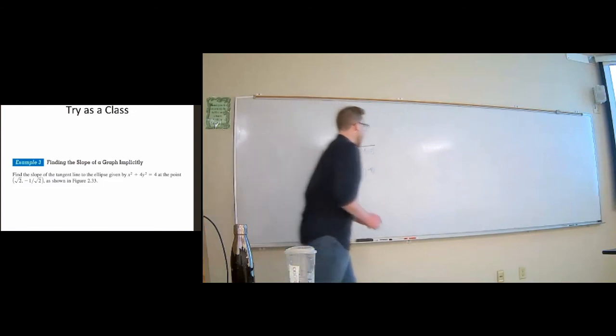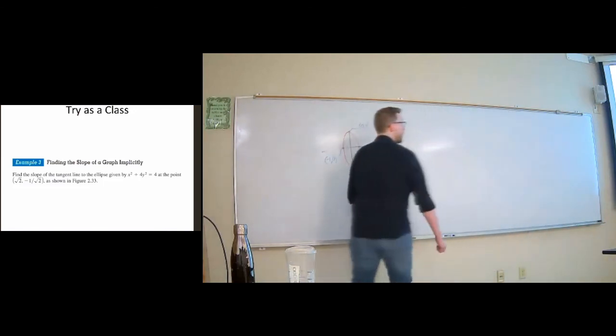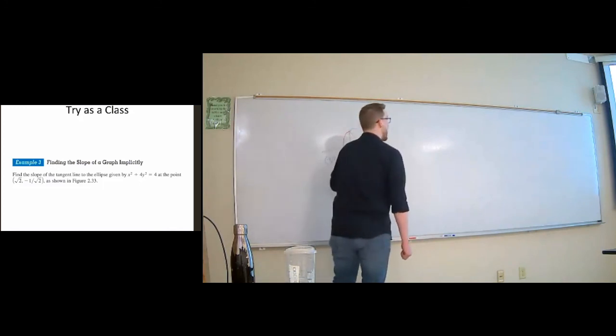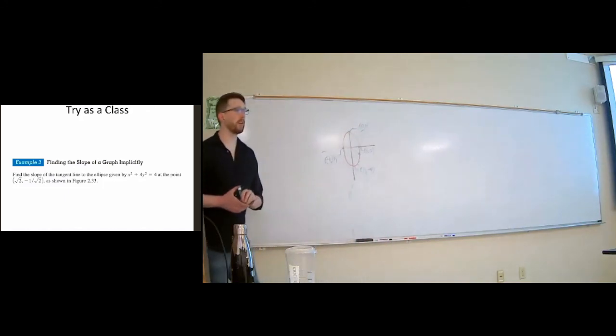And what we're looking for is the slope of the tangent line that is about here-ish. We're looking for the slope of that tangent line.